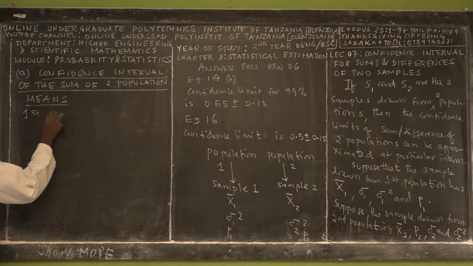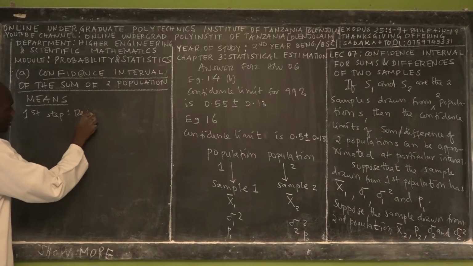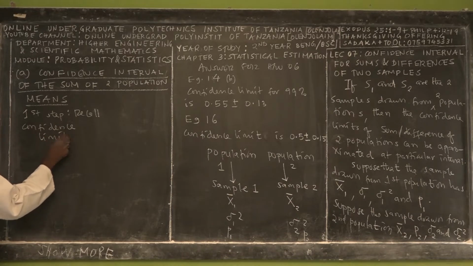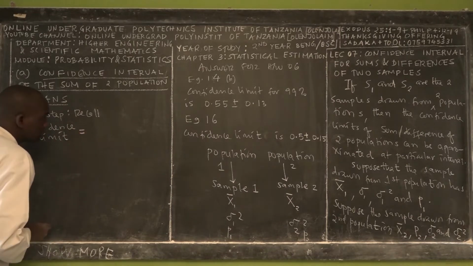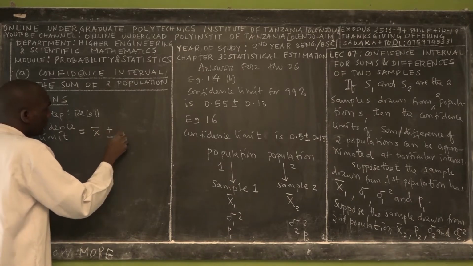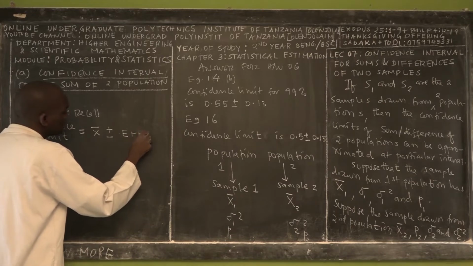The first step, we say recall that confidence limit is equal to what? Is equal to statistical mean plus or minus error.